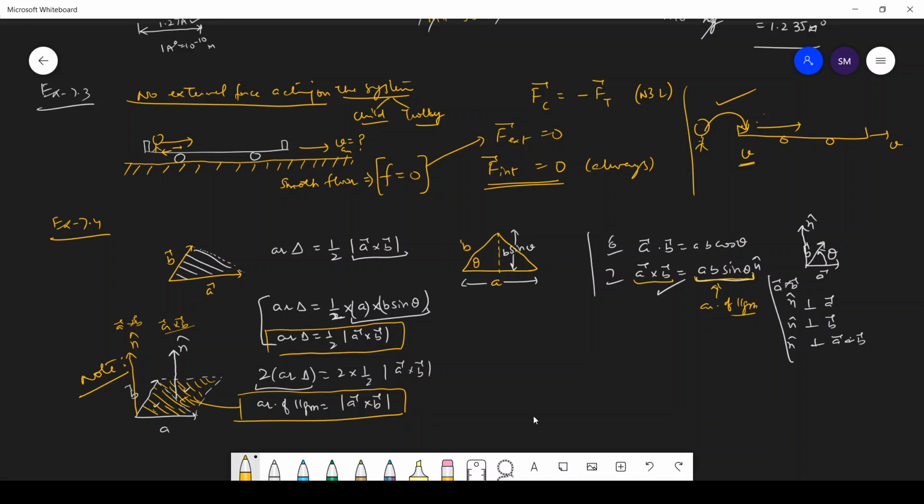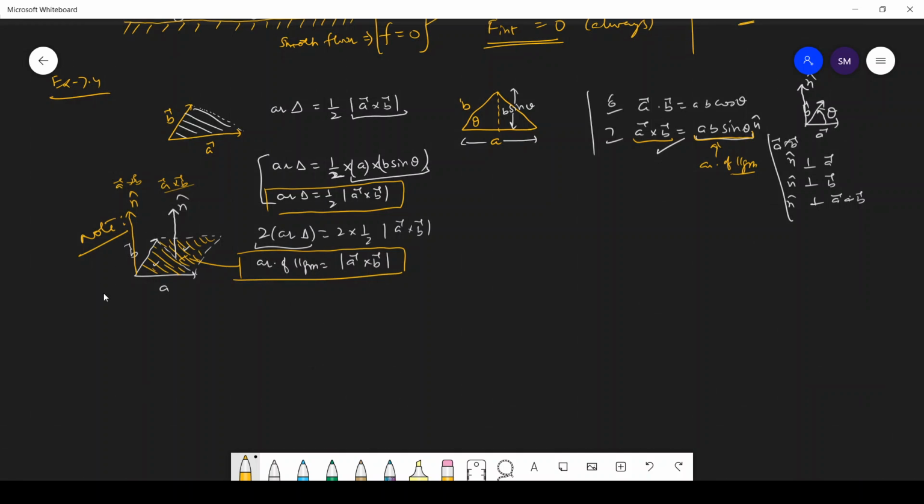Now next question, Exercise 7.5. Here we have a parallelepiped. You can see this is the parallelepiped. This is, suppose, your vector B, and this is vector A. Let us form this base. So this is your base. Now the height.